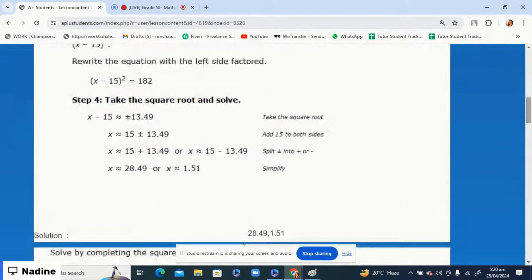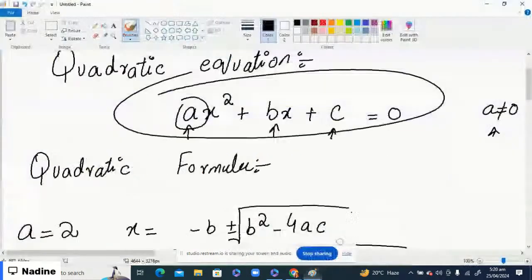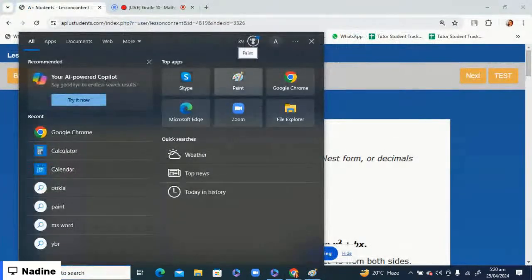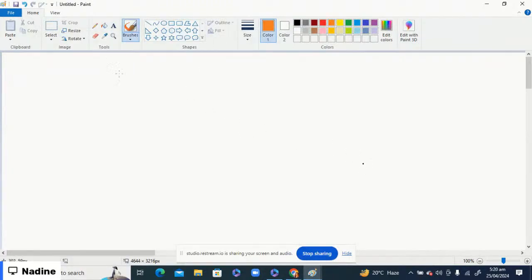This is x square minus 30x plus 43. So the question is x square minus 30x plus 43 equals 0. Finding by using completing the square.